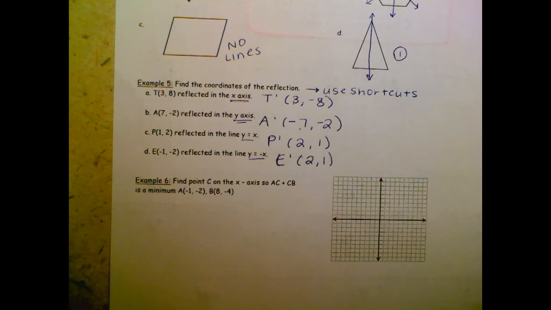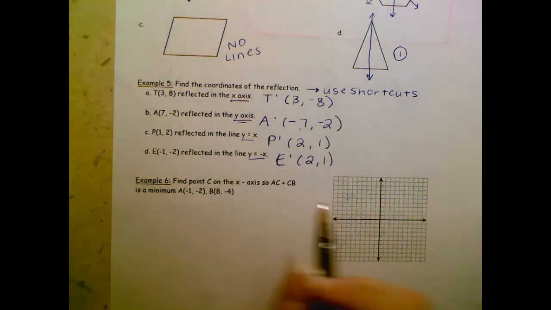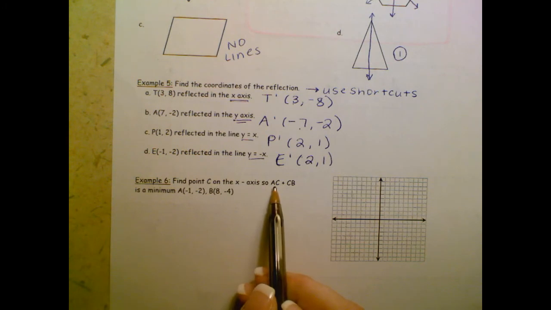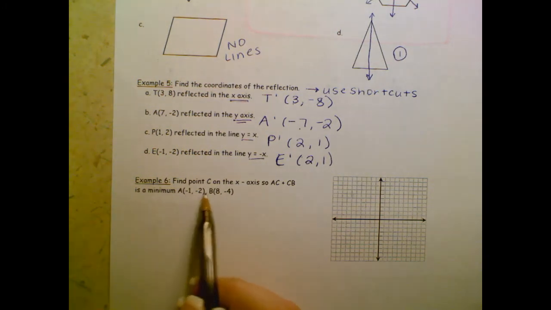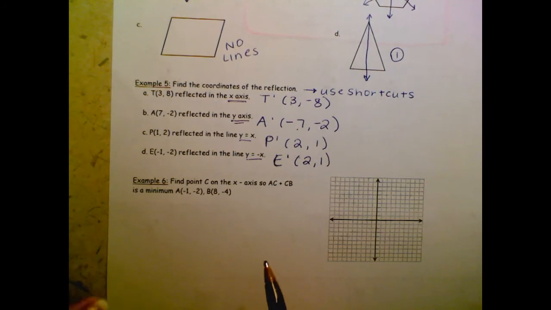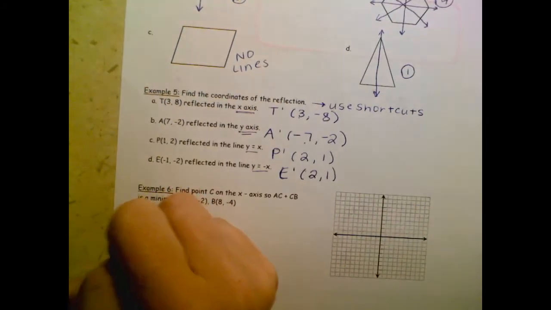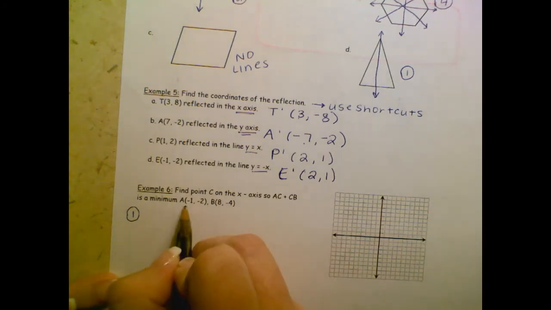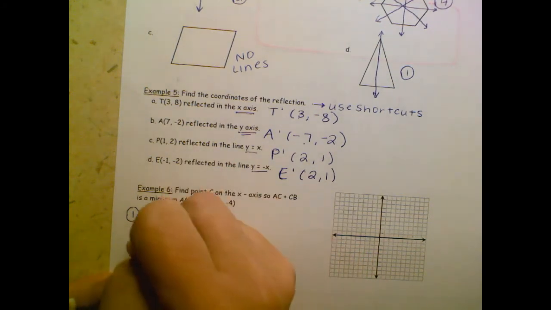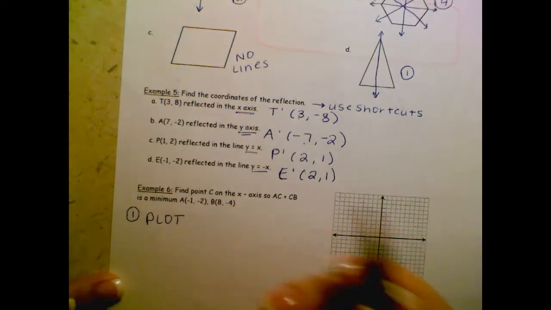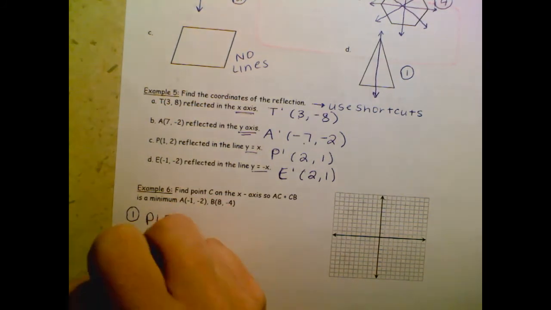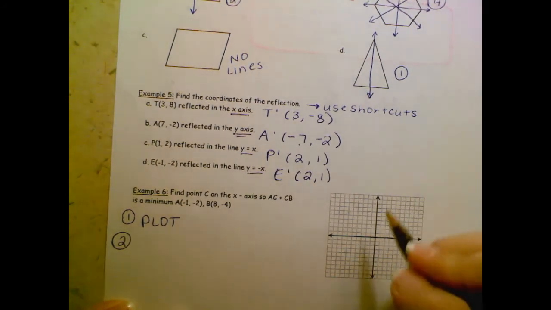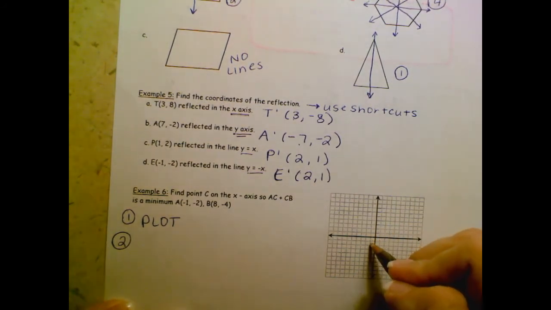All right, for example 6, whenever it says find point C on the x-axis, so AC plus BC is the minimum, we are going to use these 4 steps. First step I'm going to do is I'm going to plot my 2 points. So let's go ahead and plot A as negative 1, negative 2.